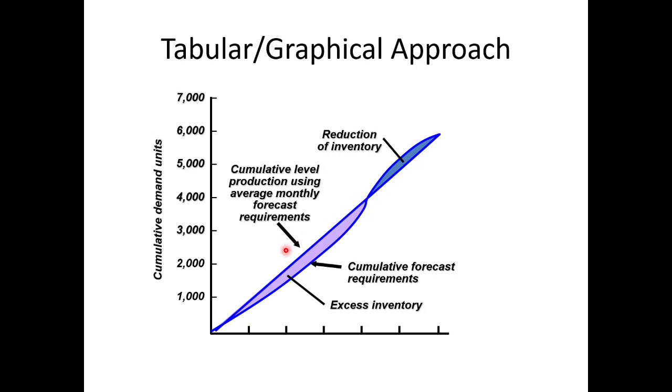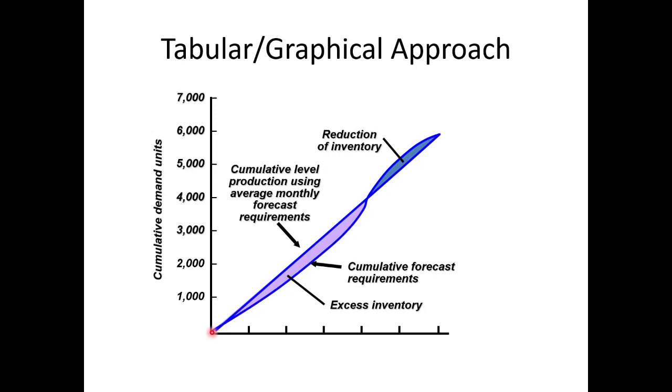Of course, if you are applying a chase strategy, for instance, for this problem, you would look at the cumulative demand curve and try to match the production quantities or the production capacity with this curve.